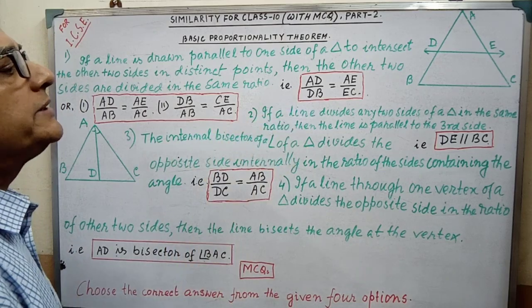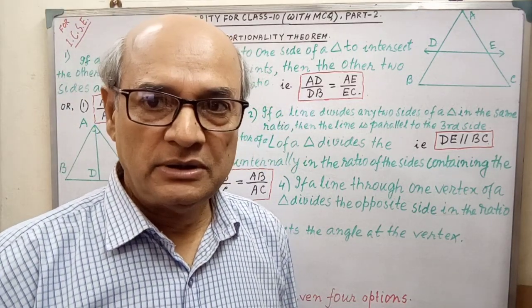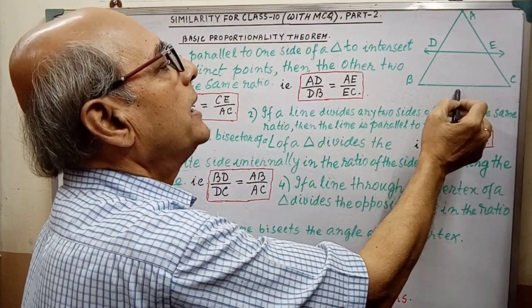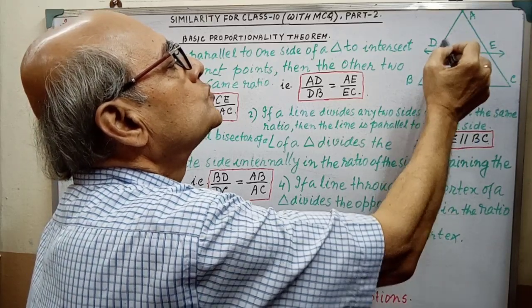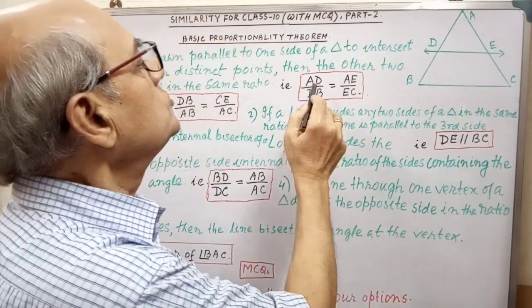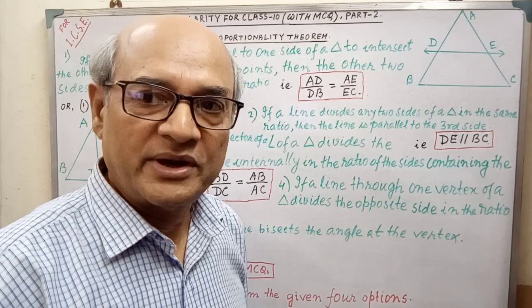All the alternatives also you have to remember. Condition and conclusion. Condition, this line is drawn parallel to this and this line intersects these two sides. This is the condition, same ratio. And conclusion, this and this. 3 conclusions. Okay.